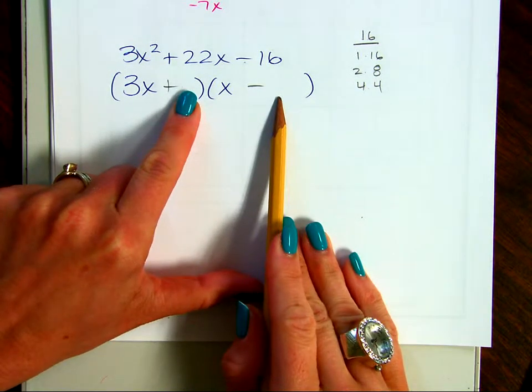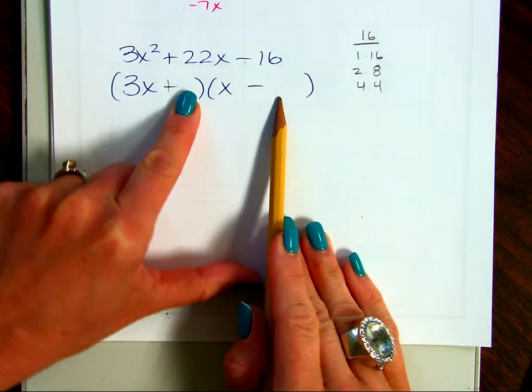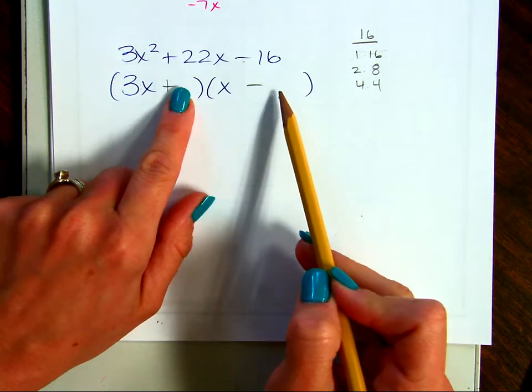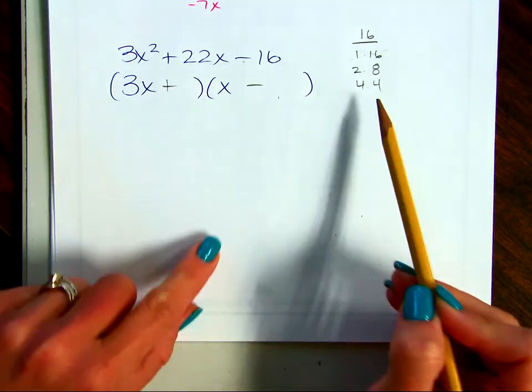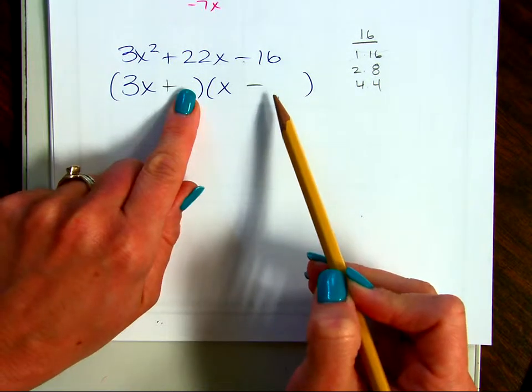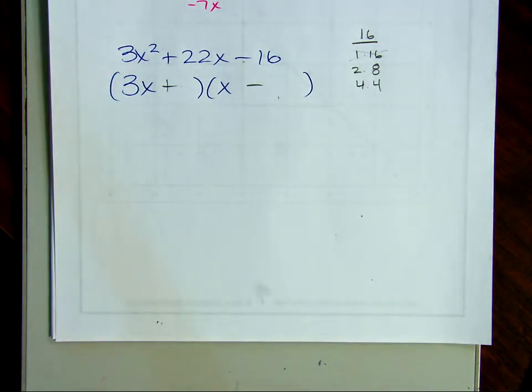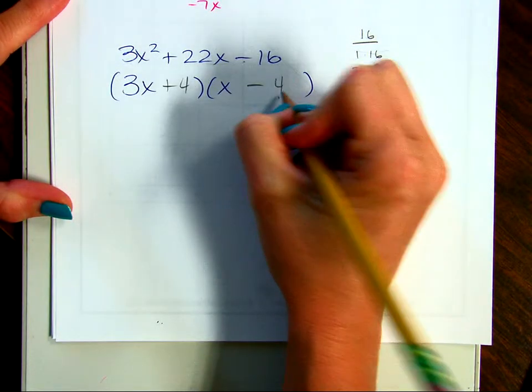If that doesn't give me 22, then I could do 16 and 1. If that doesn't work, then I try 2 and 8, 8 and 2. If that doesn't work, then I try 4 and 4. What good does flipping 4 and 4 do, though? Nothing. So my advice to you is to try the two that are closest together. So let's try 4 and 4.